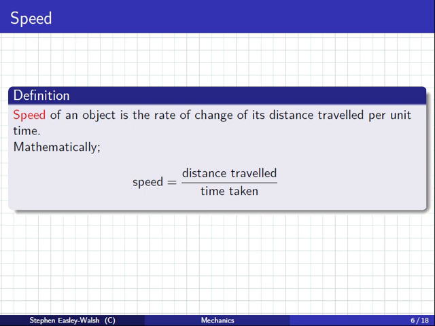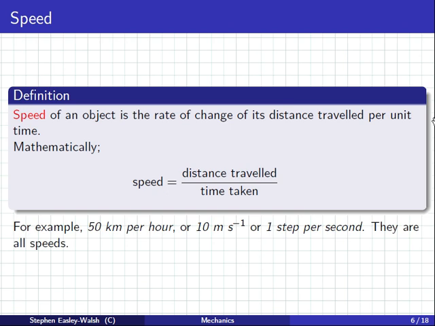Got that? So it's like a simple little example. 50 kilometers per hour, or 10 meters per second, or 1 step per second. They're all speeds. So for the exam, you'll need the definition.